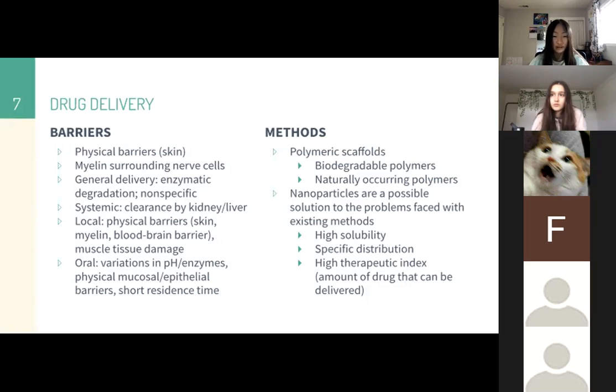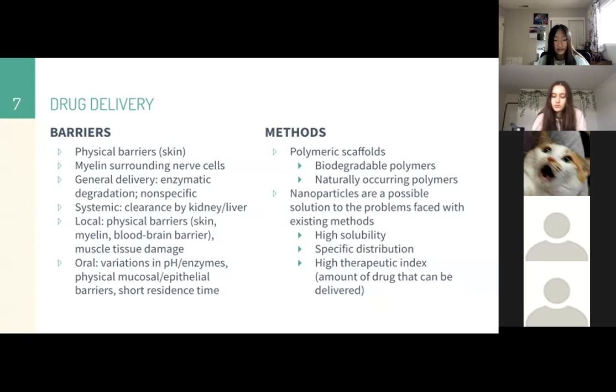And nanoparticles are also a possible solution because they have high solubility and they're really specific. And finally, they have a high therapeutic index, so the amount of drug that can be delivered is higher.